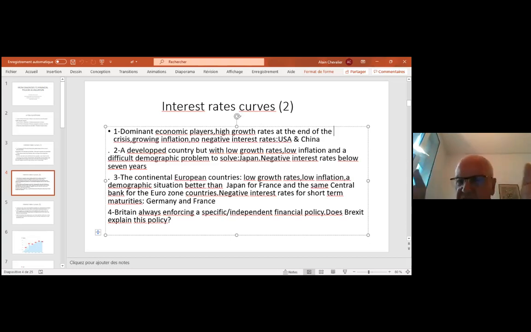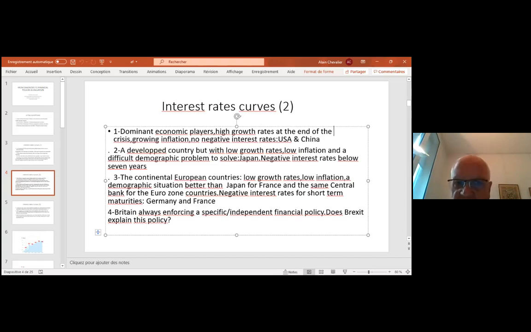You have two main examples, the US and China. It's a more classical situation than for the other large players in the world, more classical in terms of financial history, and also in terms of financial theory.